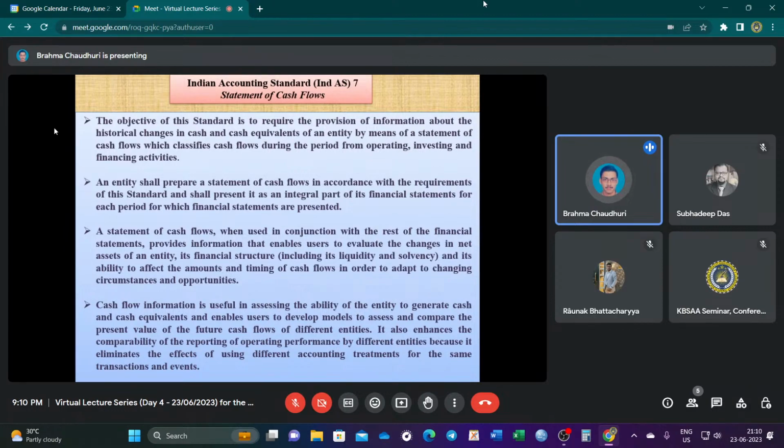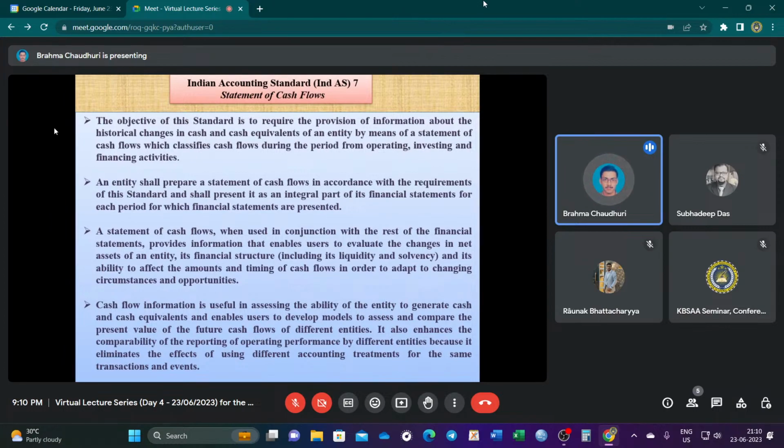This is mandatory. Cash flow statement preparation is mandatory for all those enterprises for which a cash flow statement is required. This statement of cash flows, when used in conjunction with the rest of the financial statements, provides information that enables users to evaluate the changes in net assets of an entity, its financial structure, including its liquidity and solvency, and its ability to affect the amounts and timing of cash flows in order to adapt to changing circumstances and opportunities.